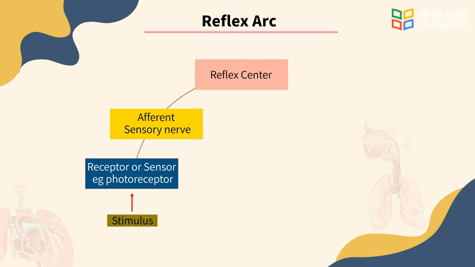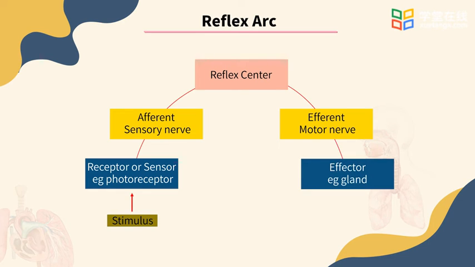Reflex center receives sensory impulses from afferent fibers and then generates motor impulses. Then, the efferent nerve fiber, or motor nerve fiber, originating from the motor neuron, transmits motor impulses from the center to the effector.